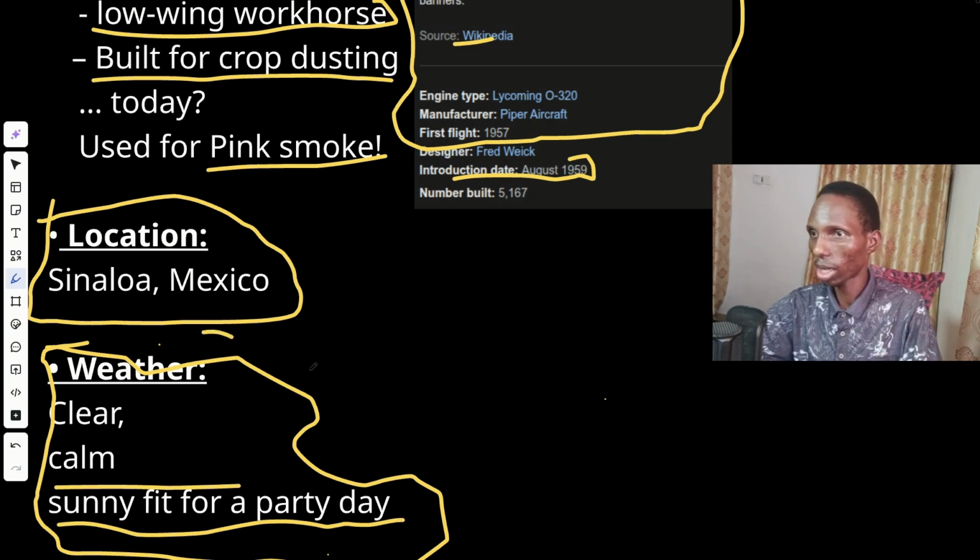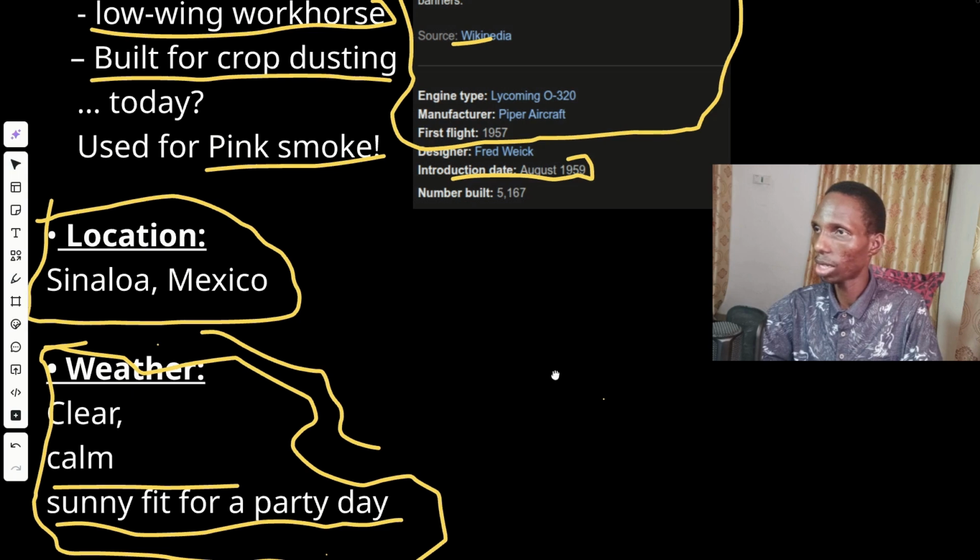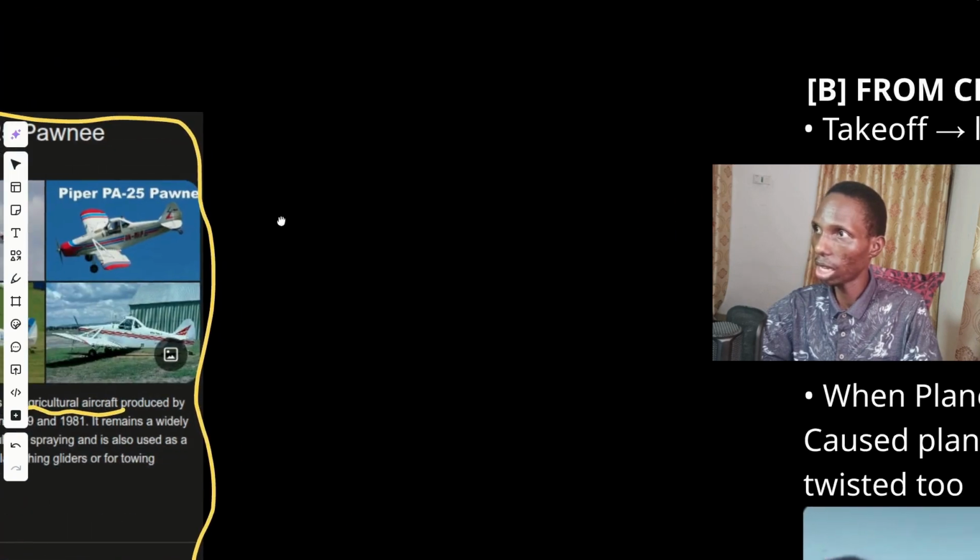So the weather was clear for this. So what now went wrong? Let's go further to analyze what led to the crash of this gender revealing plane.